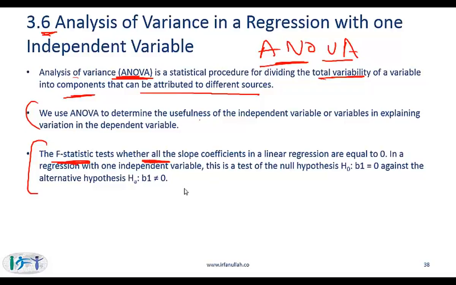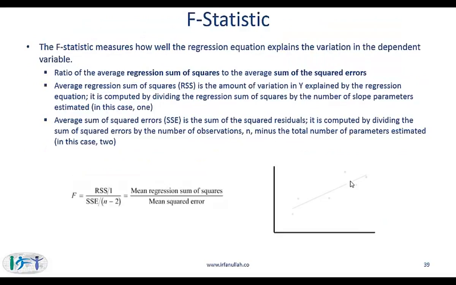All right. In a regression with one independent variable, this is simply a test of this null hypothesis. If you have just one independent variable, then you just have a B1. In the next reading, we'll have more independent variables, so this will be more significant. More on the F statistic. The F statistic measures how well the regression equation explains the variation in the dependent variable.